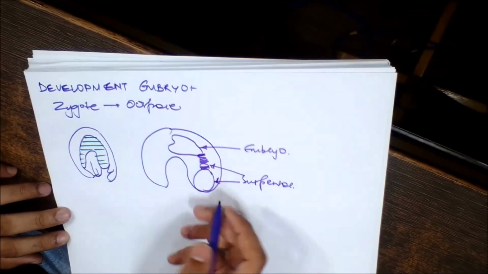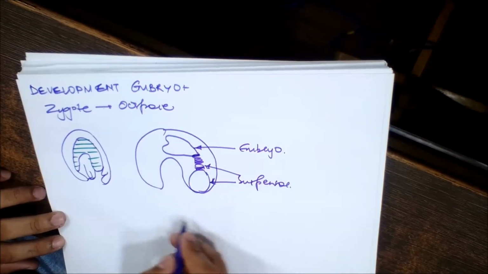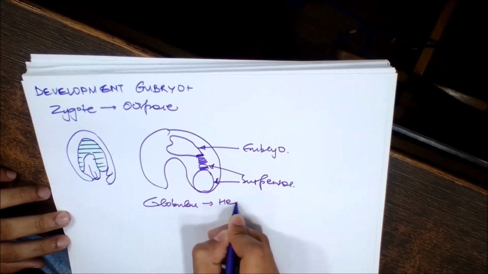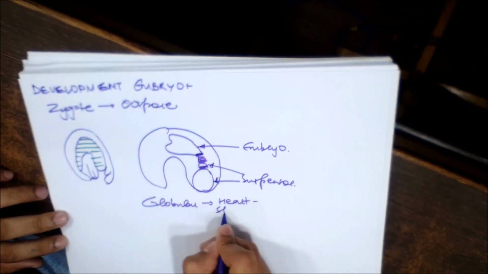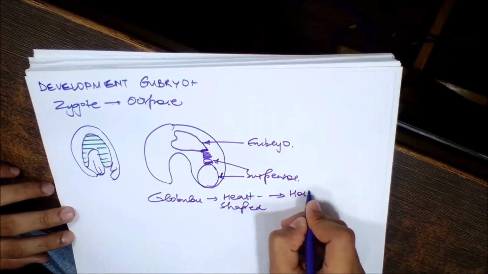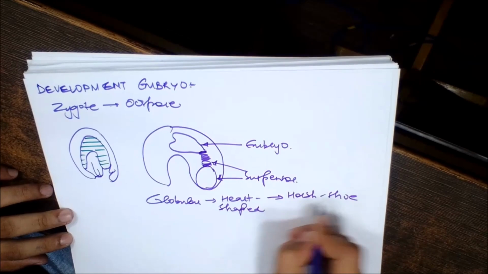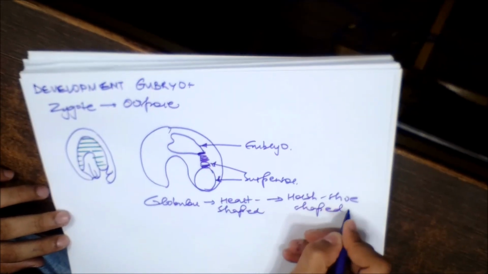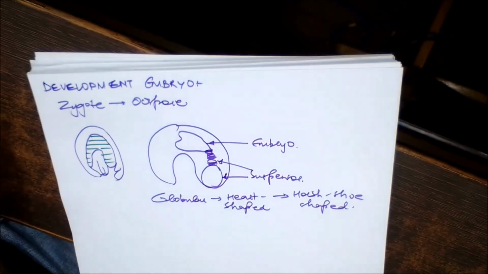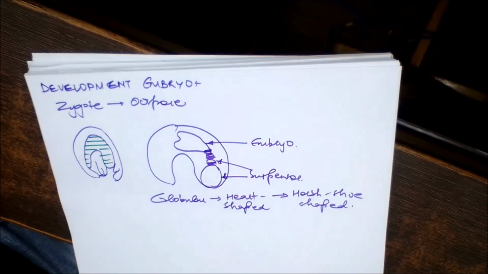The shape of the embryo is seen changing from being globular in the first stage to becoming heart shaped subsequently, and horseshoe shaped at an even later stage. Several divisions take place during this stage, which leads to the development of the embryo.